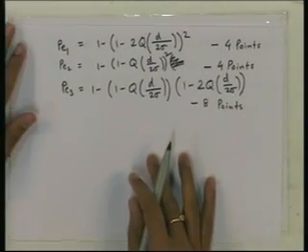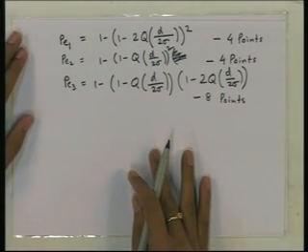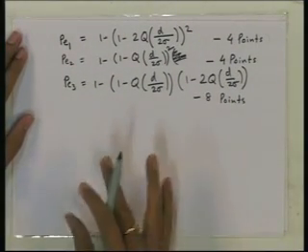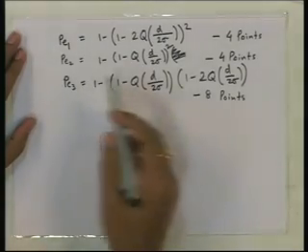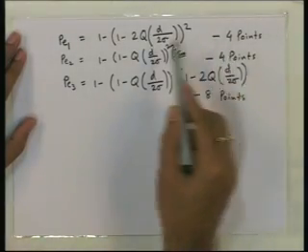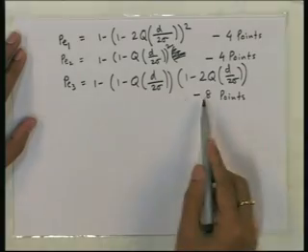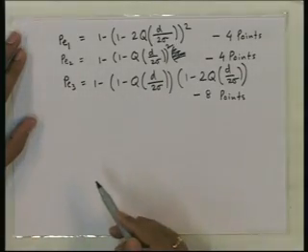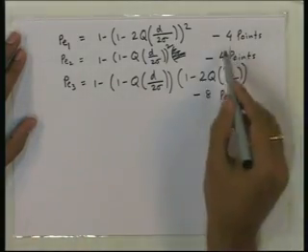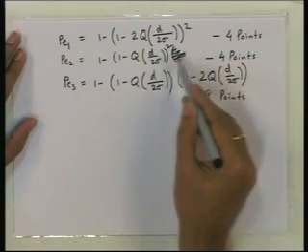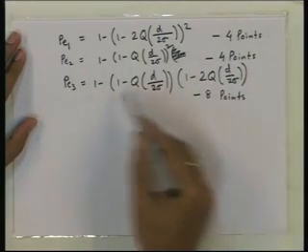So, what will be the average probability of error of the 16 QAM constellation? We have to take 4 times this plus 4 times this plus 8 times this, divided by 16. So, that means 4 by 16 times this plus 4 by 16 times this plus 8 by 16 times this.